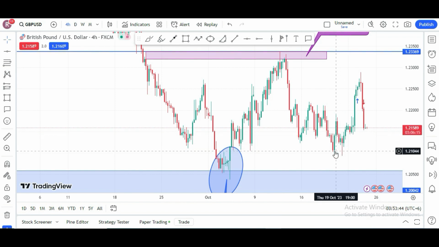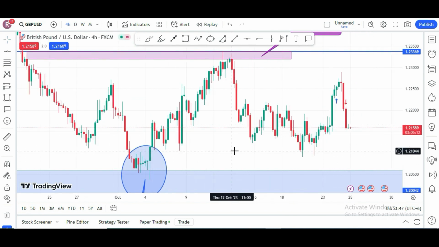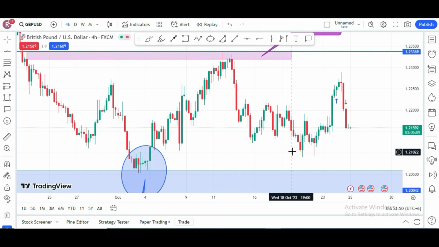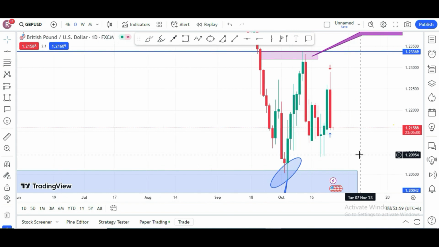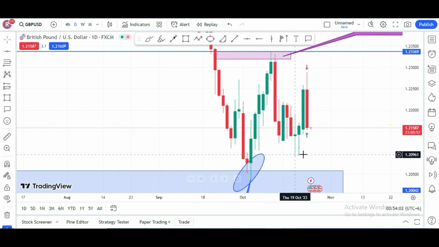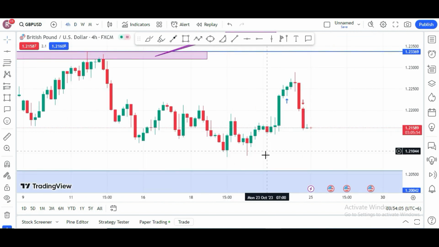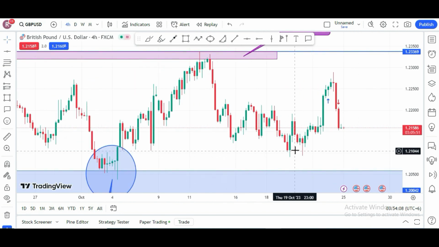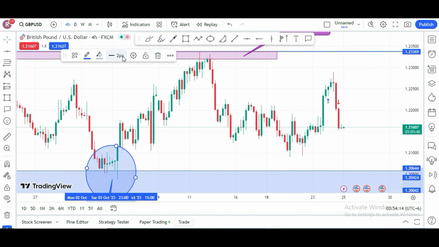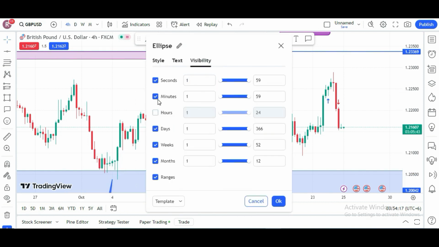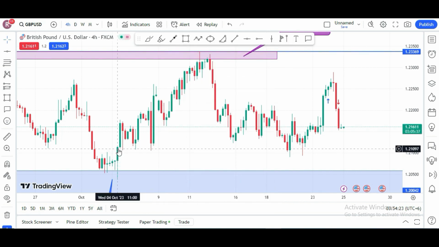Now considering this, we can see that it is creating a double bottom here again, which took it here. So we need to see if it is in daily. No, there is no daily. So here we can see it very clearly that this is created from here. This guy has created this thing.